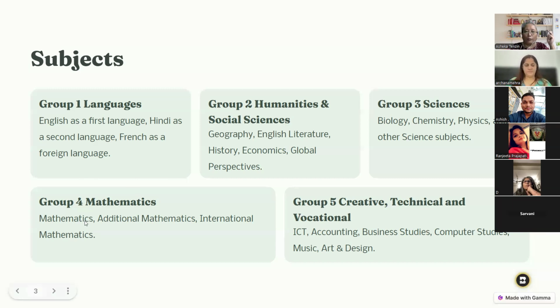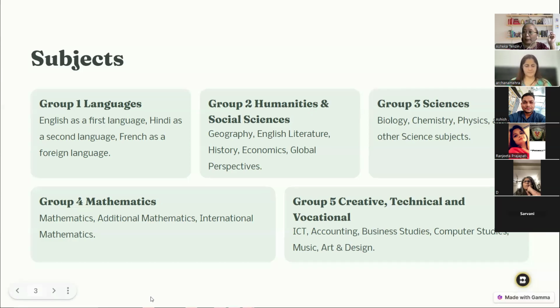Then you have group 4, which is mathematics. Now, in mathematics, again, you have a range of different curricula, syllabuses. So you can study mathematics 0580, or you can do additional mathematics or international mathematics.